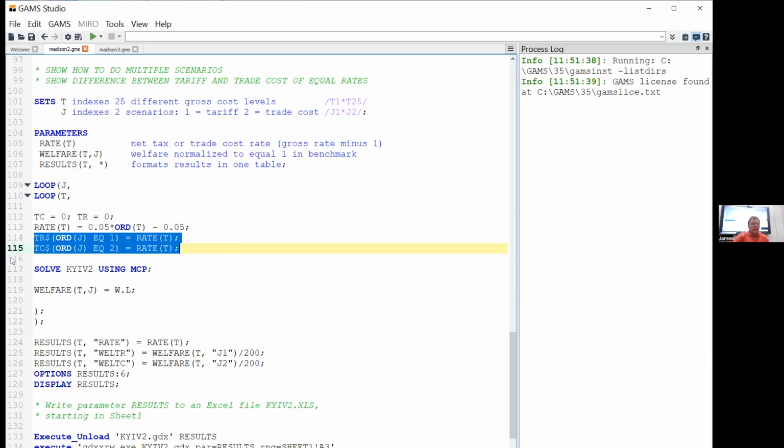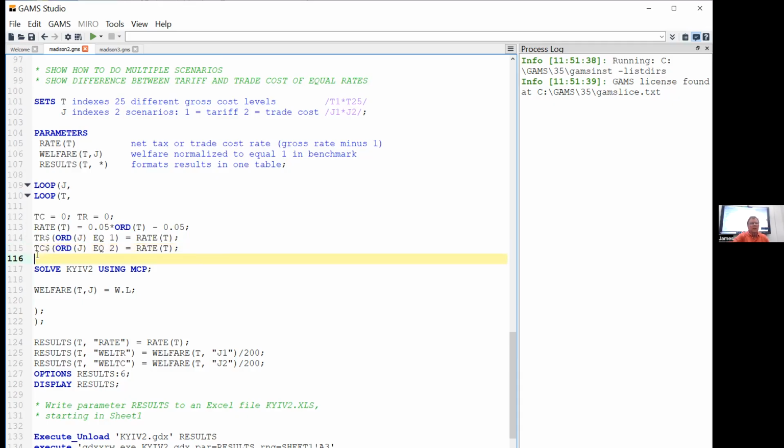When the conditional is on the left in GAMS, it means set it equal to the right-hand side if the conditional is true. If the conditional is false, leave it unchanged as to what its value is.